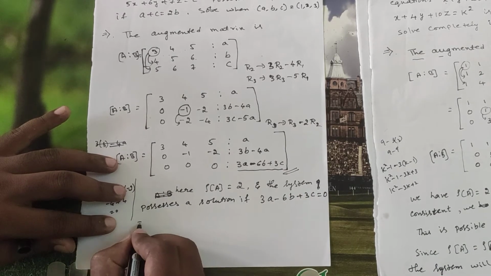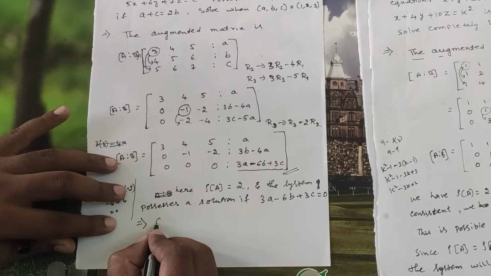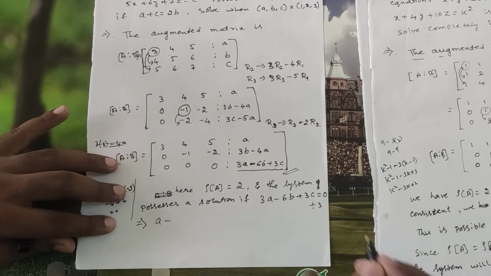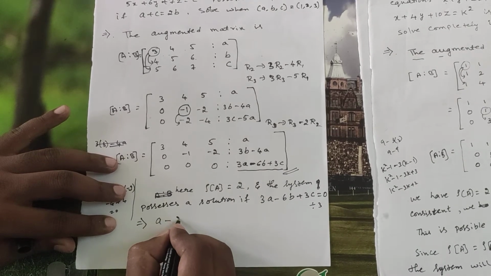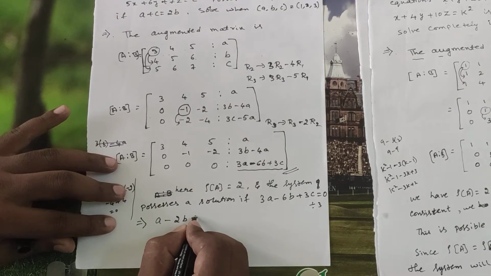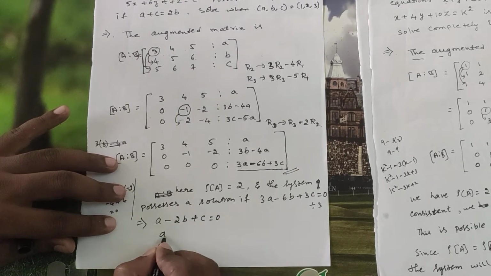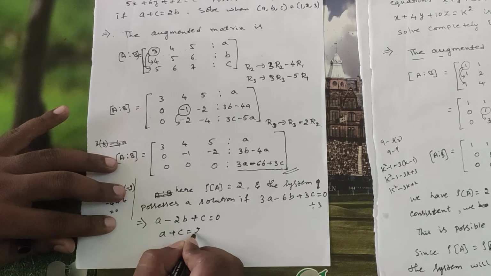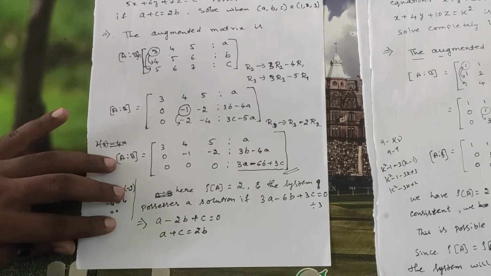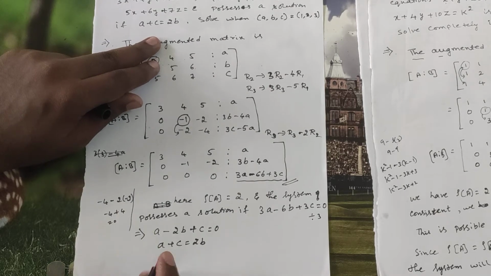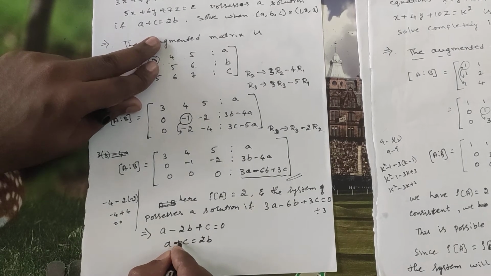So this implies, I will divide by 3 here, so dividing by 3, A minus 2B plus C equals 0. So A plus C equals 2B. So here this condition is satisfied.